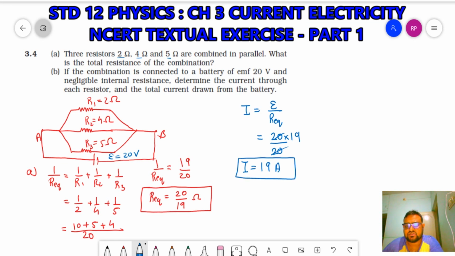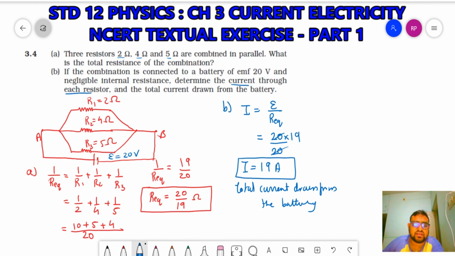Okay, so this is the total current from the battery. This is the second part of B. The first part asks to determine the current through each resistor.